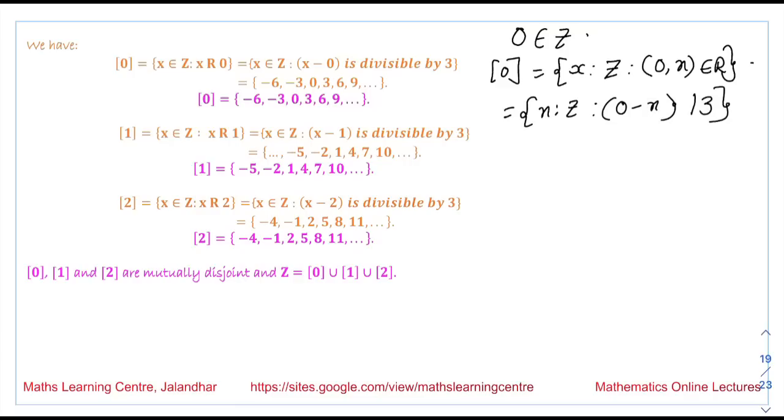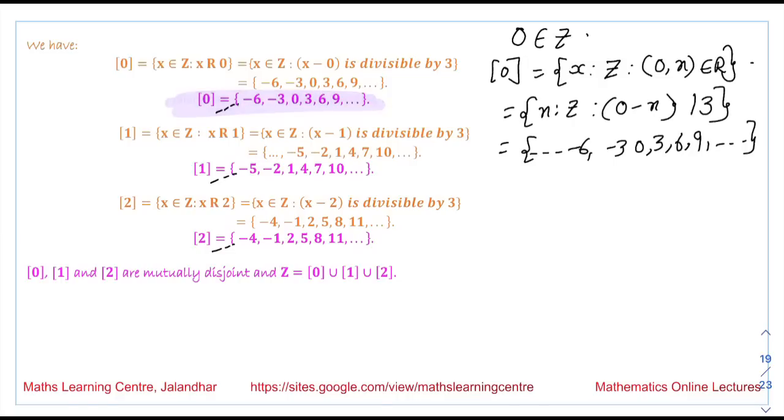So what is the collection of all these elements? It is 0, 3, 6, 9 and so on, minus 3, minus 6 and so on. So this is the equivalence class for 0.